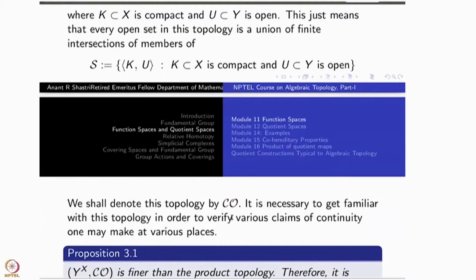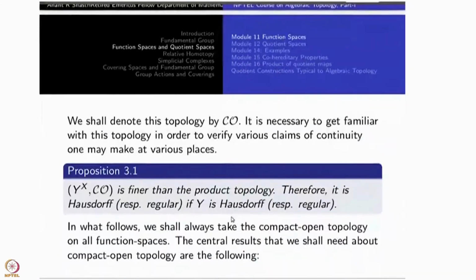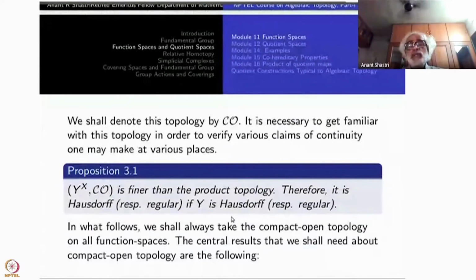So let us look at the first proposition here. This Y power X with compact open topology is finer than the product topology. Therefore, it is Hausdorff, respectively regular, if Y is Hausdorff, respectively regular.